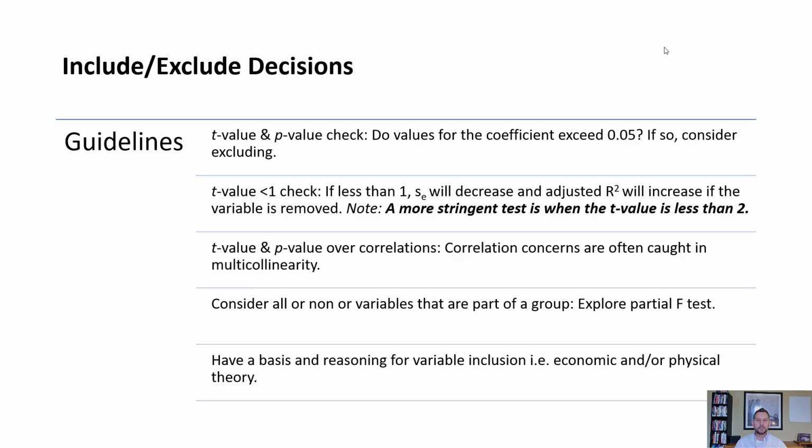So as we look at a few guidelines to determine if we should include or exclude variables, something that should jump out is the t-value. In particular, we're looking at t-values that are high, which translates to a low p-value, which means significant.